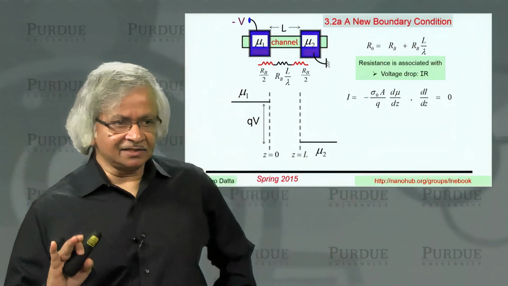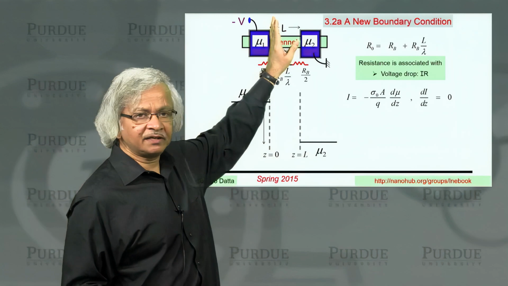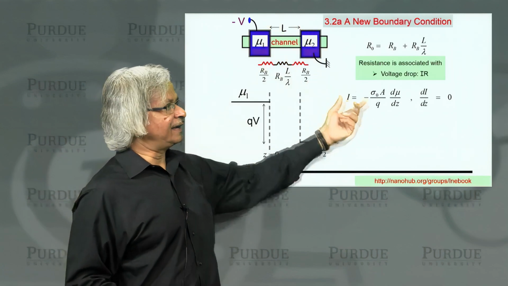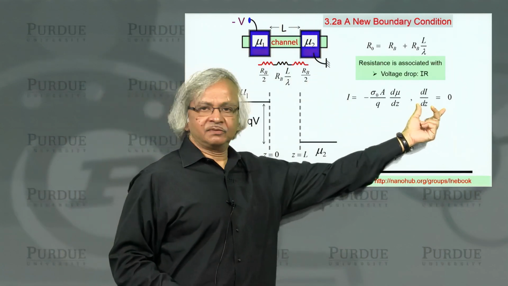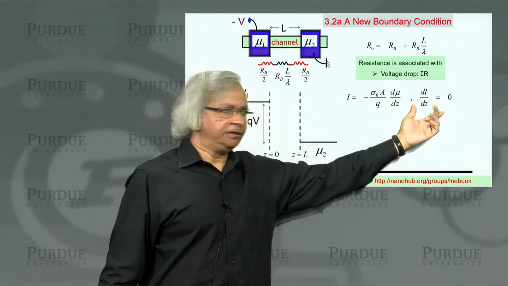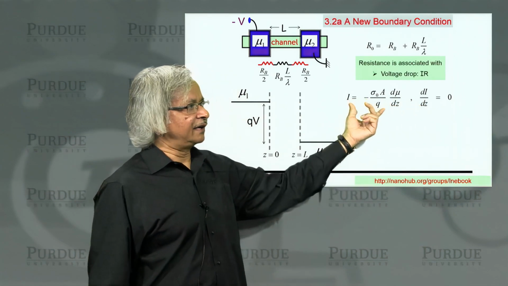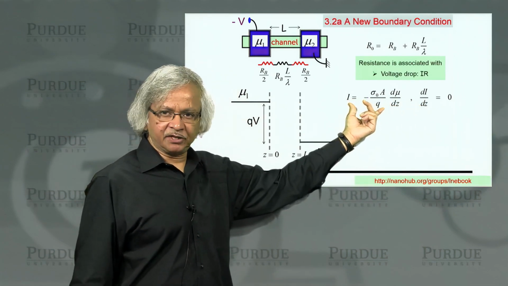So at steady state, whatever comes in per second must be leaving per second, and hence dI/dz must be 0. That's what's generally called the continuity equation. This tells you that the current has to be a constant spatially.